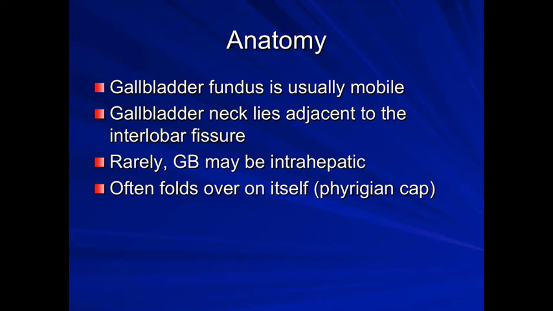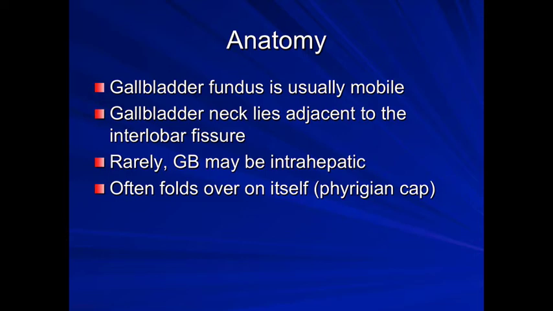The gallbladder itself, whilst the neck is relatively fixed and it lies adjacent to the interlobar fissure, the fundus can be quite mobile, and so positioning the patient can often help the gallbladder move to a position where we can see it better.